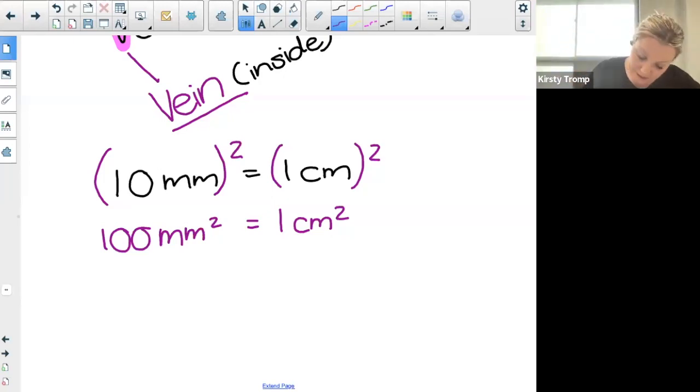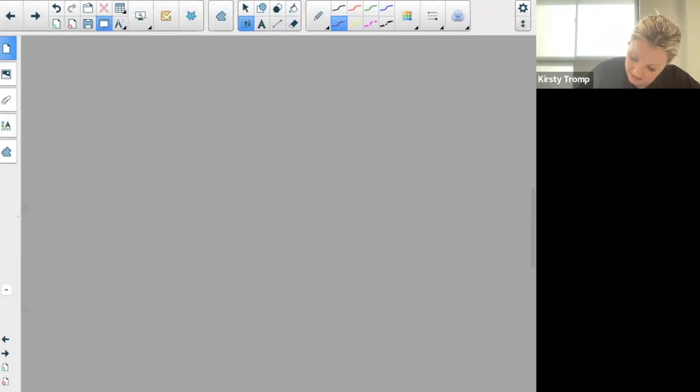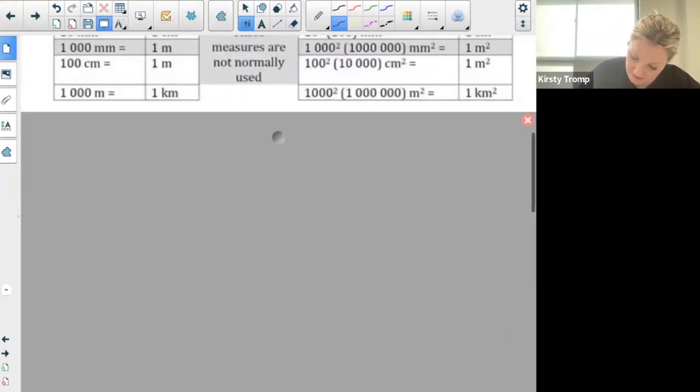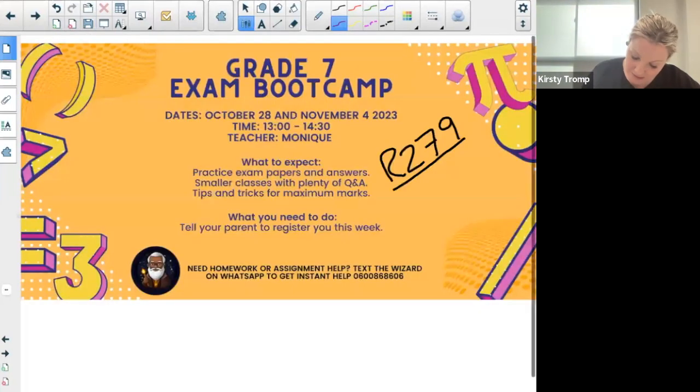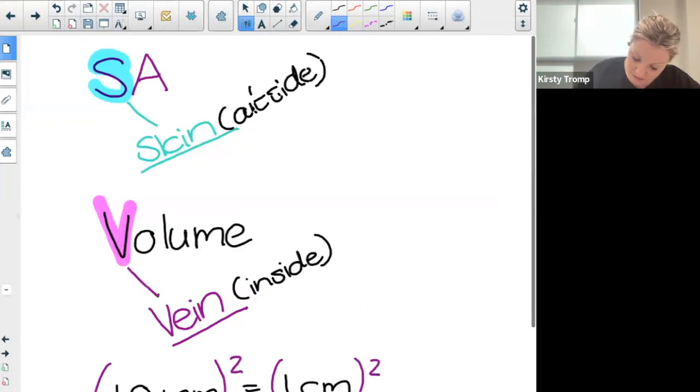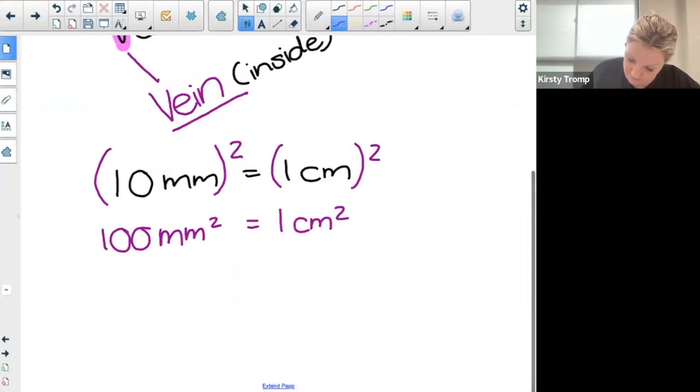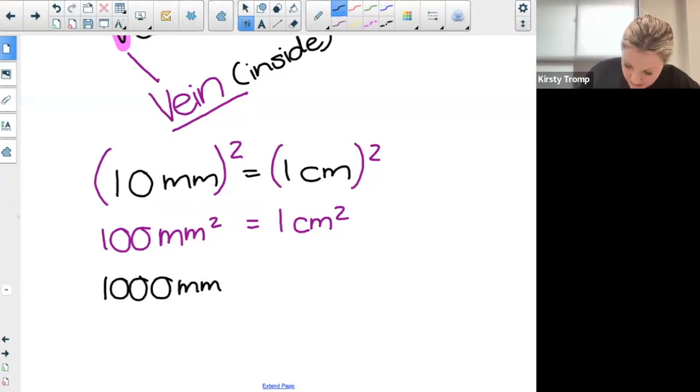Okay. Let's have a look at another one of the examples they gave us. They said 1 meter equals 1,000 millimeters. So 1,000 millimeters equals 1 meter. What do I want to do on both sides? I want to square it.